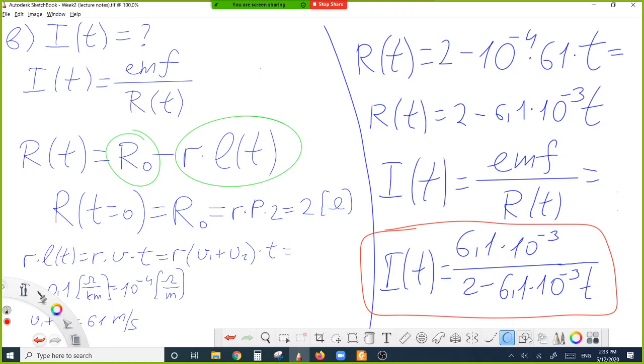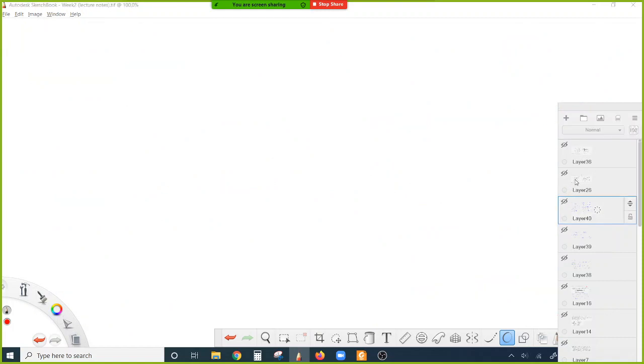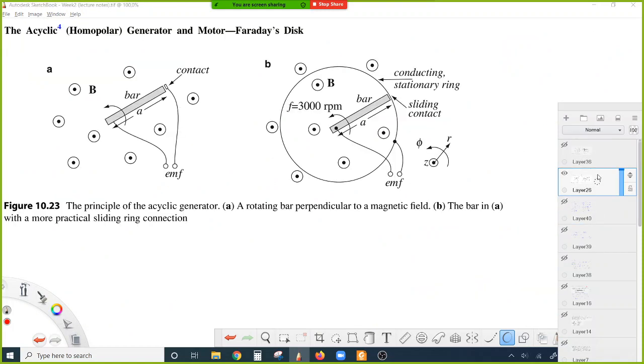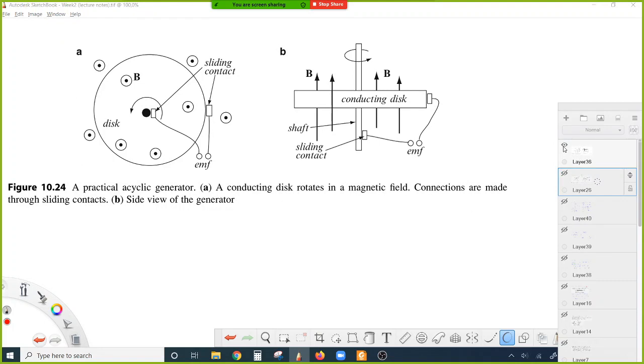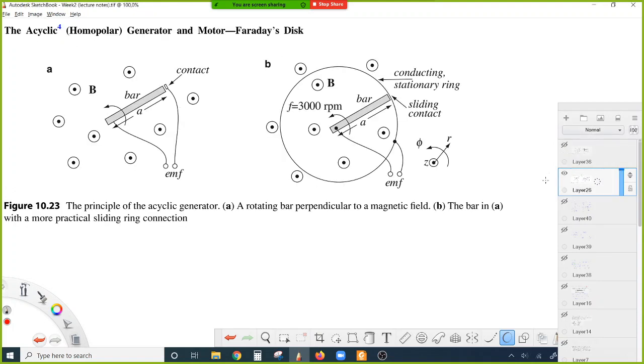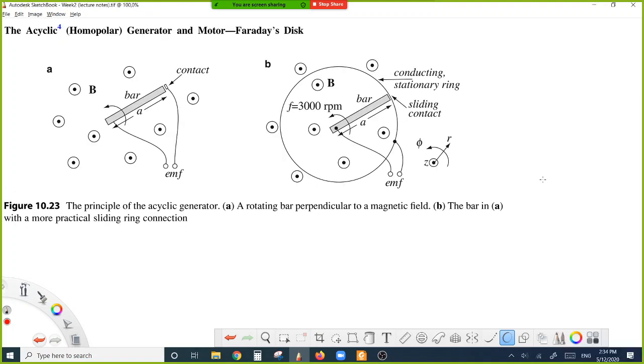Next we'll speak a little bit about some applications of Faraday's law. There are several applications. We have already seen the application of eddy currents. Another application is a homopolar generator.